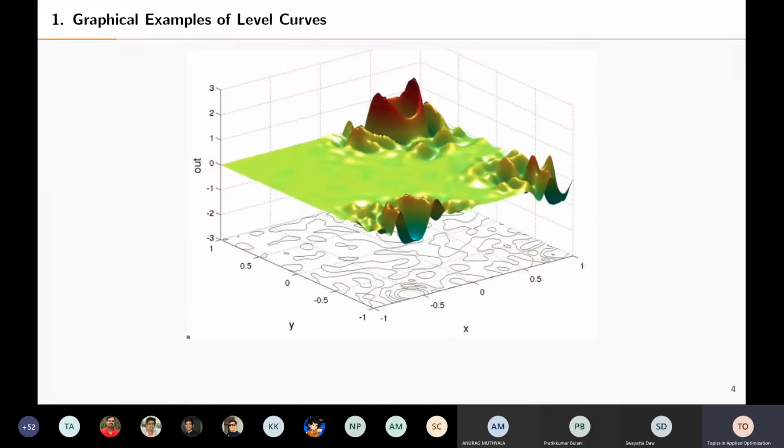Level curves can be very strange. This is the graph that it is trying to show. You can see that the function has a lot of ripples, and hence the level curves also look very chaotic.